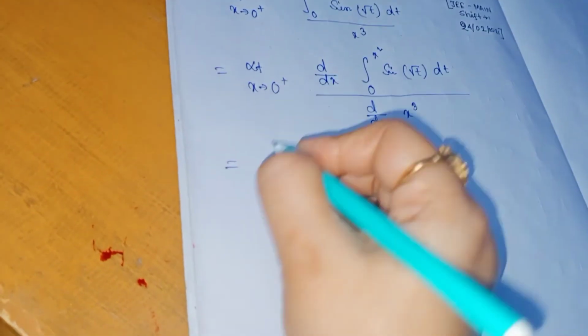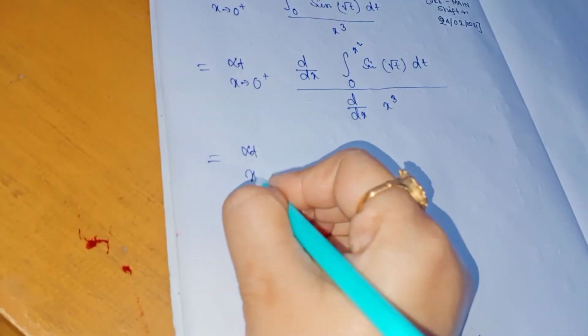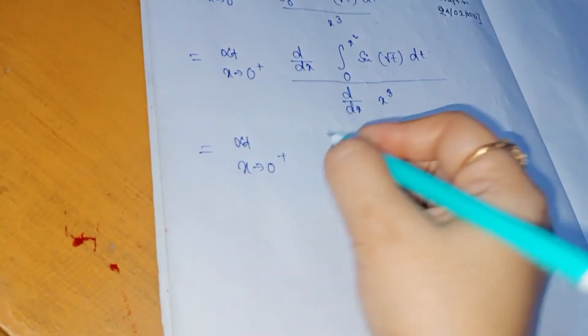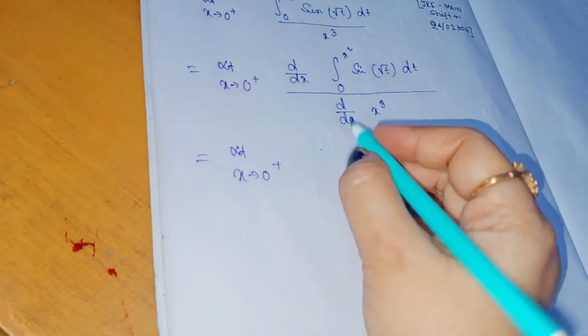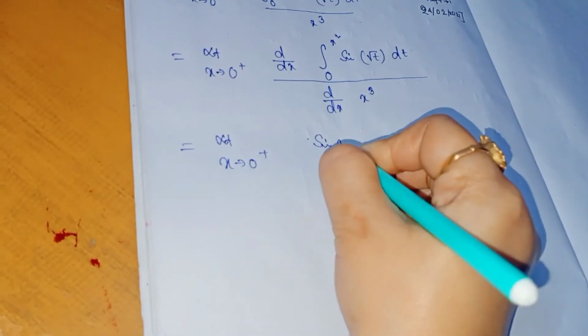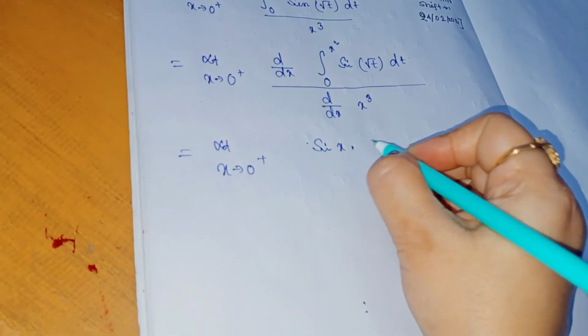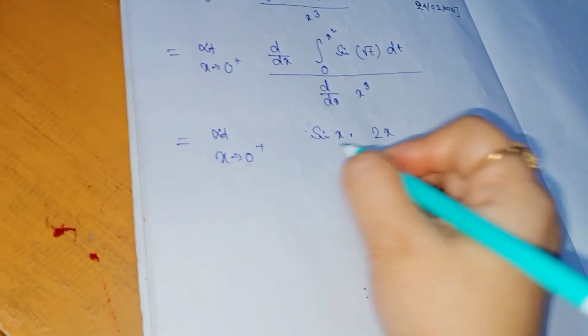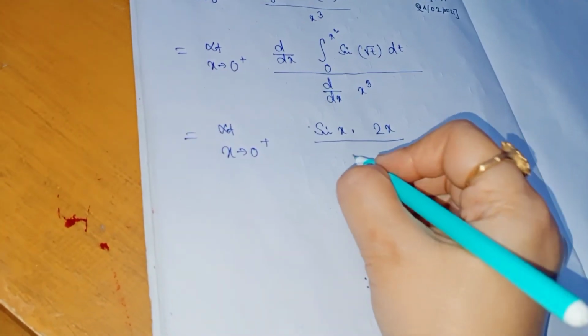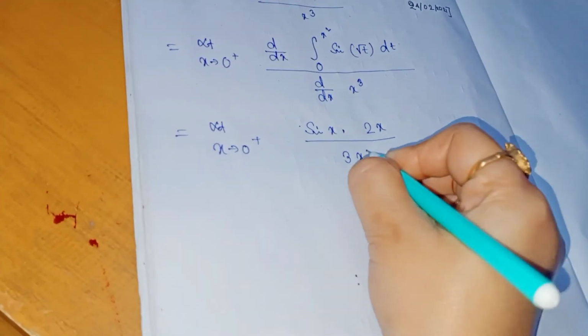So the limit as x tends to 0 plus, here we get sine x into 2x, putting the limit we get sine x, and it is 3x square.